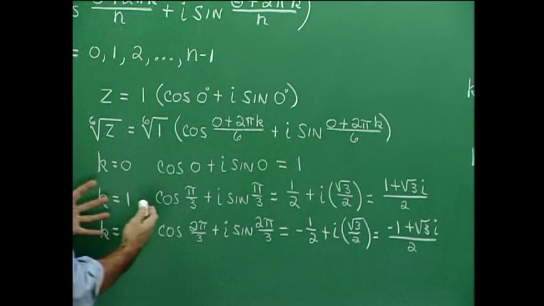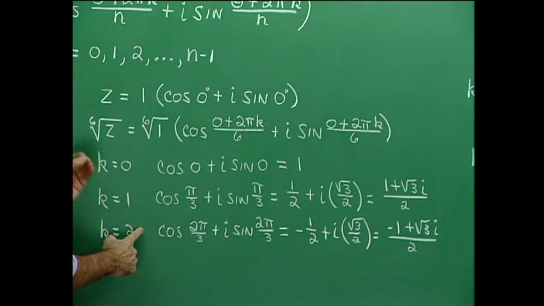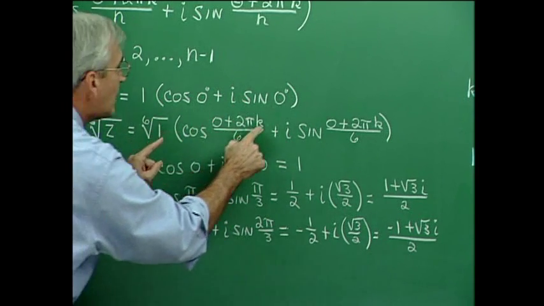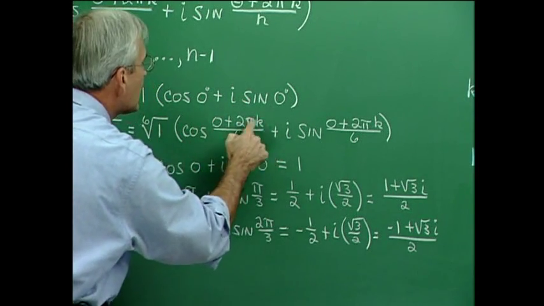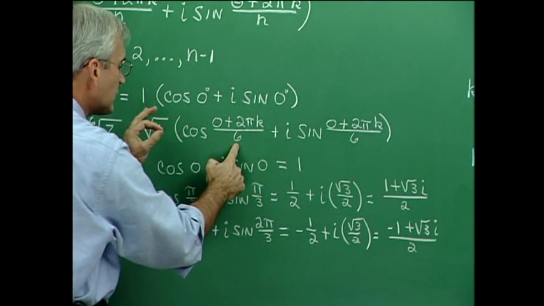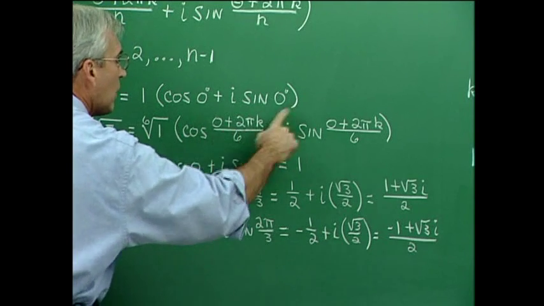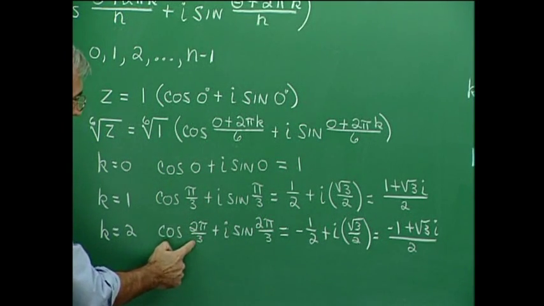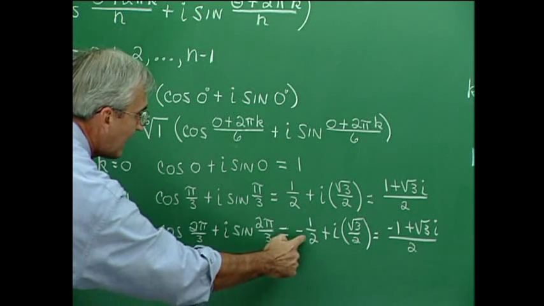And then we come back over here and let k take on the next value, 2. If k is 2, here's how we evaluate. We come up to this form, and we let k be 2. 2 times 2 pi, 4 pi. 4 pi over 6 reduces to 2 pi over 3. Both fractions then are 2 pi over 3. Cosine of 2 pi over 3, think about it a little bit, is negative 1/2.